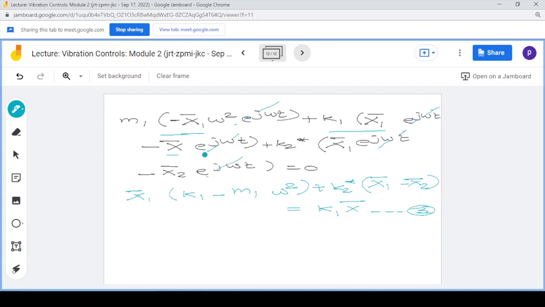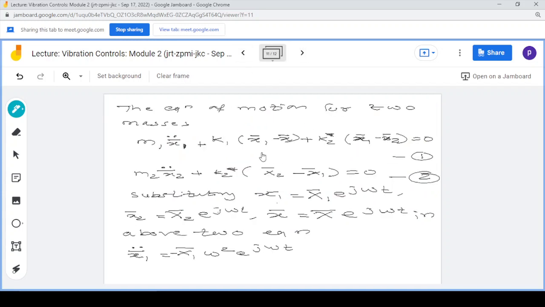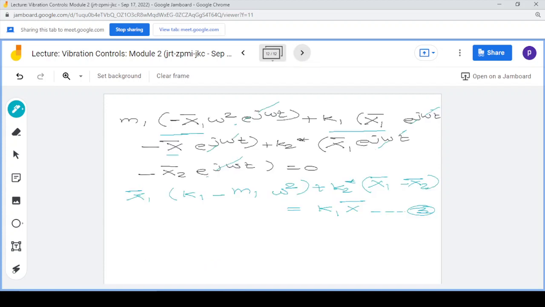And from the second equation, what we are going to obtain: x2 double dot can be written as minus x2 bar omega square e raised to j omega t. So we will replace that.